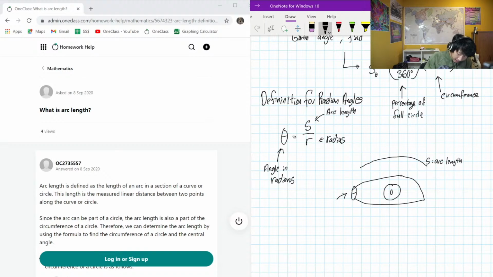This tear duct, kind of like the theta symbol, the angle in radians, is going to be there. And the circle in the pupil of the eye is going to be the radius. From the eye you can see that theta is equal to eyebrow, which is S, over circle, which corresponds to R. That's how I remember it, I just think of an eye and this tear duct.